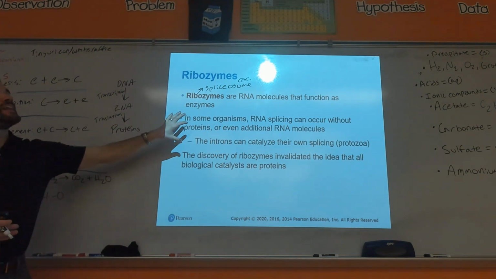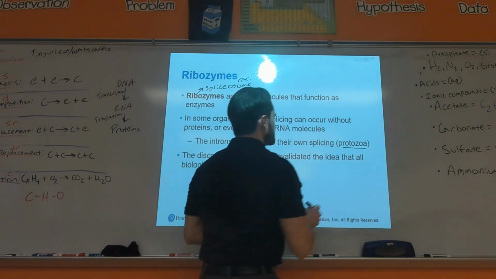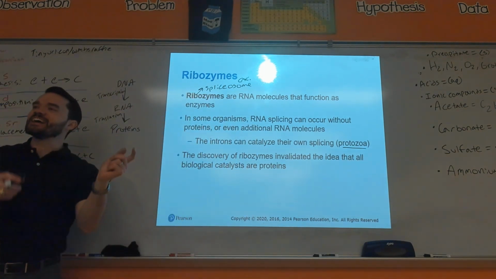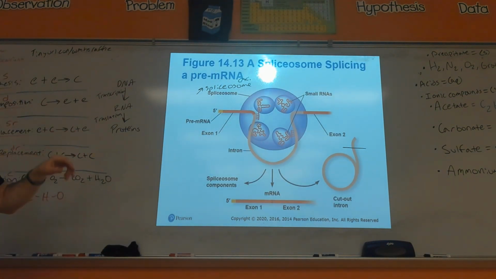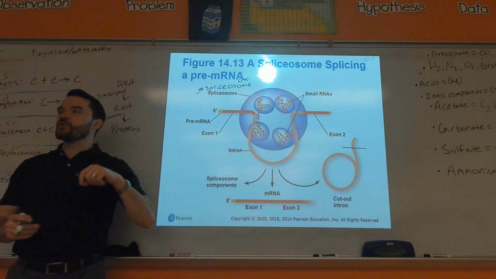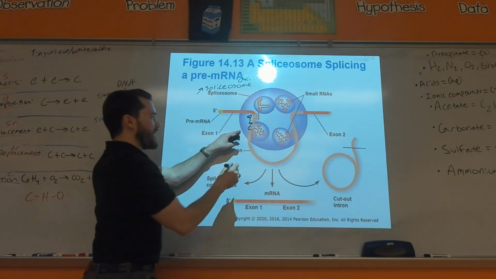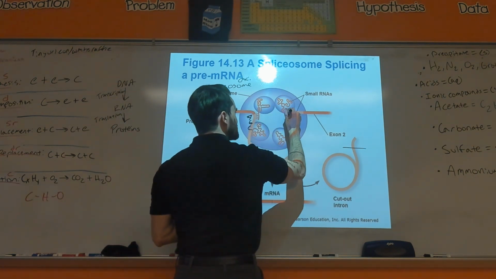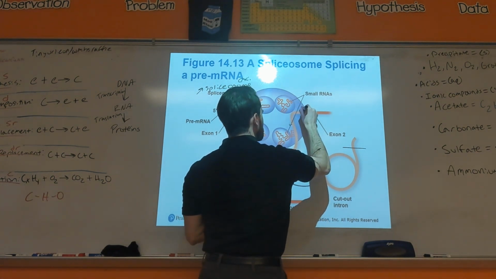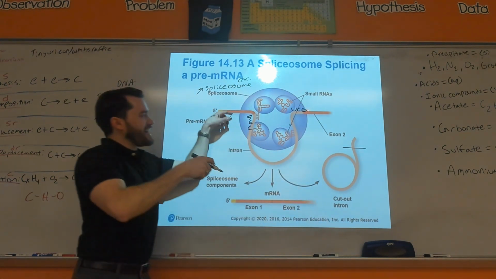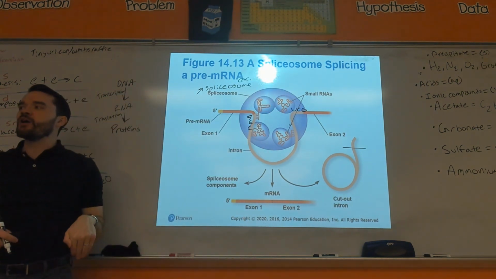And another thing, our cells don't do this, but some organisms like protozoa, their introns can actually splice themselves. How that possibly could work is, let's say this is A, G, C right here, it could then recognize UCG, or better yet, GCU at the other end of the intron, and so those can complementary base pair and cut themselves out of the mRNA transcript.